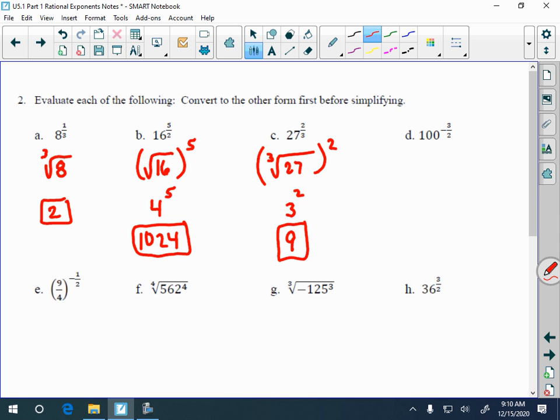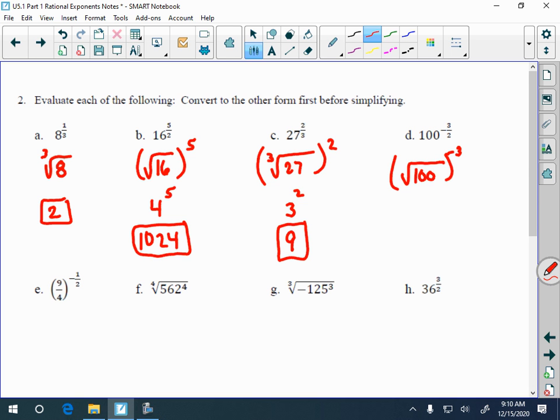All right, D, 100 to the negative 3/2. Now, when there's a negative exponent with a fraction, the negative has to always go to the top number. It can't go to the bottom number. So we want to keep that negative up on the 3. That 2 is our square root, so square root of 100. Now we're going to raise that to the negative 3 power.